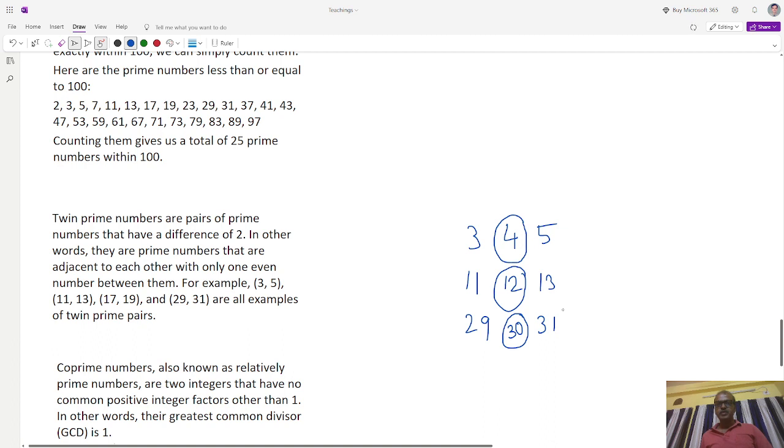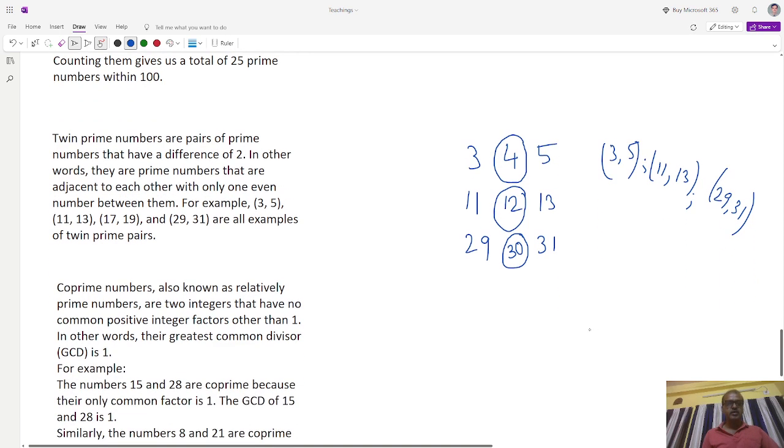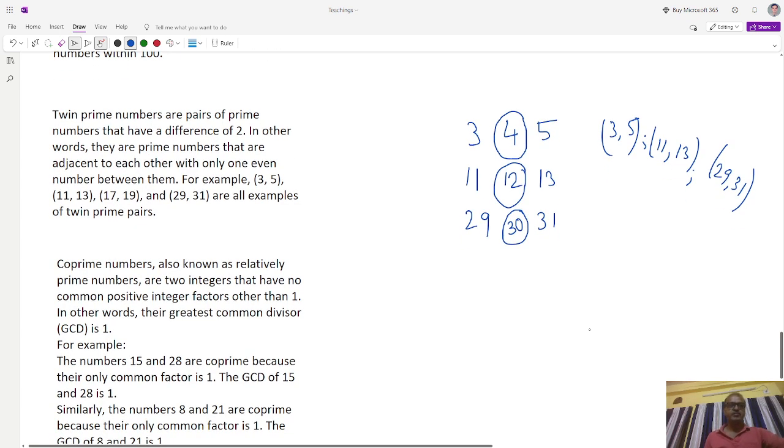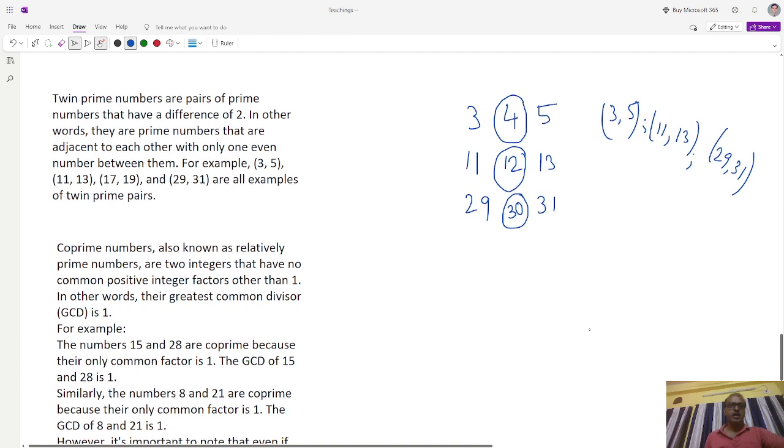So 3, 5; 11, 13; 29, 31 are examples of twin prime pairs. Understand? Now, coprime numbers, also known as relatively prime numbers, are two integers that have no common positive integer factors other than 1.